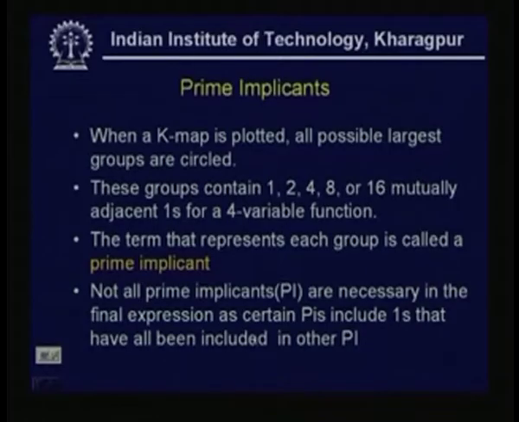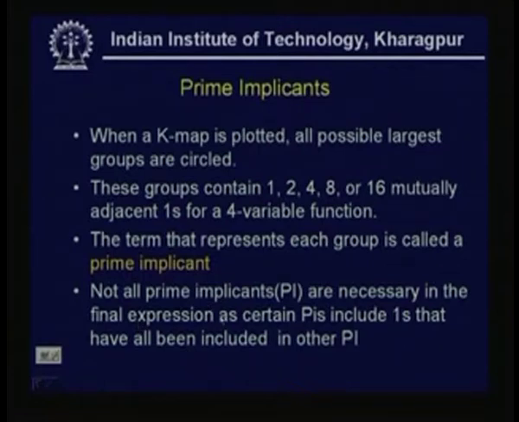Now, what we will notice is that not all prime implicants are necessary in the final expression, as certain prime implicants include ones that have already been included in other prime implicants, because we have identified all the groups, whether it is a couple or quad, or for larger variables whether it is an octet.